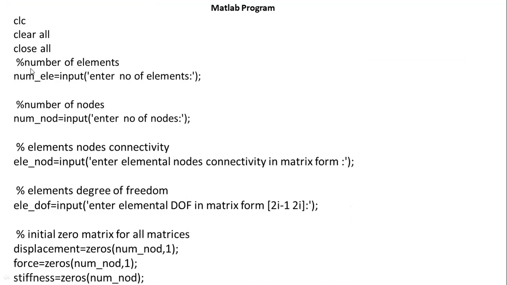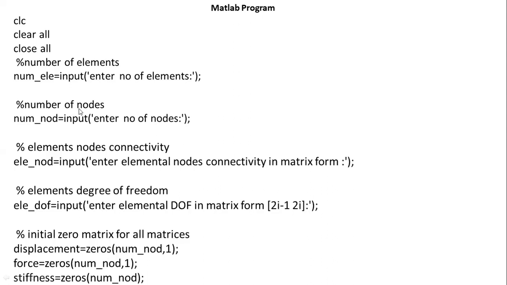First we should define the number of elements. So here we put input, enter number of elements. This is the input part, and it applies to any number of elements, not restricted to 2 only. Okay, so this is a generalized program. We can apply it to any 1D problem, as well as problems having temperature consideration.